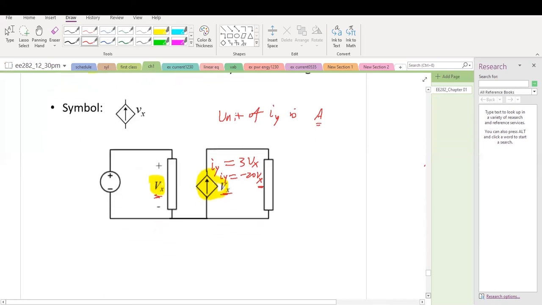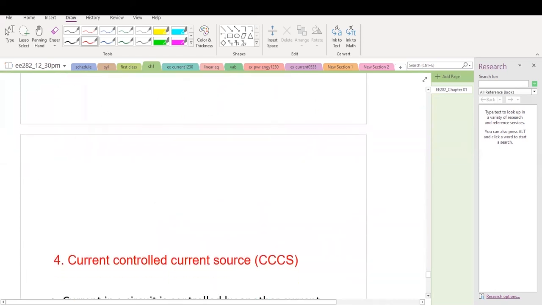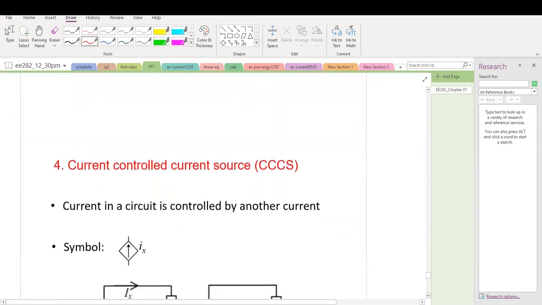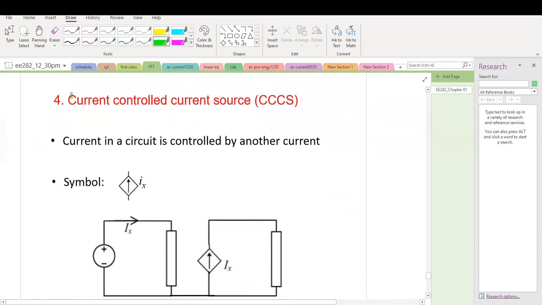Okay, so let's look at the last type of controlled source. This is a current controlled current source. Again, this is a controlled current source, with a diamond shape and an arrow here. So this is controlled by the current Ix in this branch.